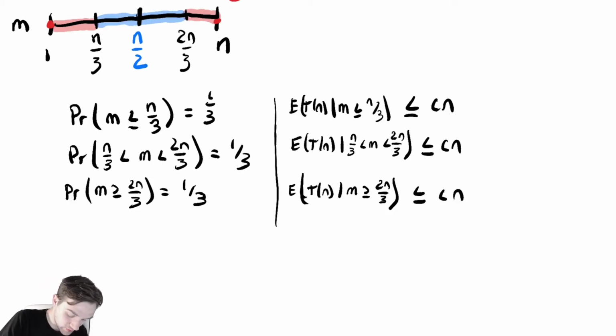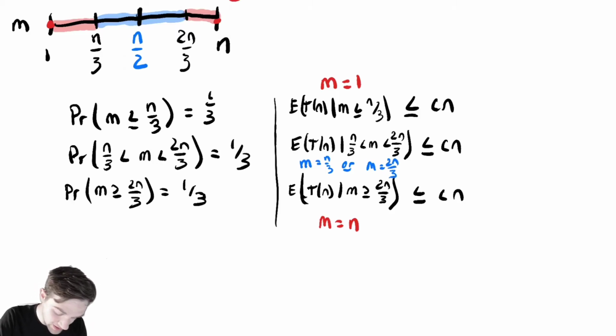So in this first region, that is m equals 1. In the last region, that's m equals n. And in the middle region, it's one of two options. It's either m equals n over 3 or m equals 2n over 3.